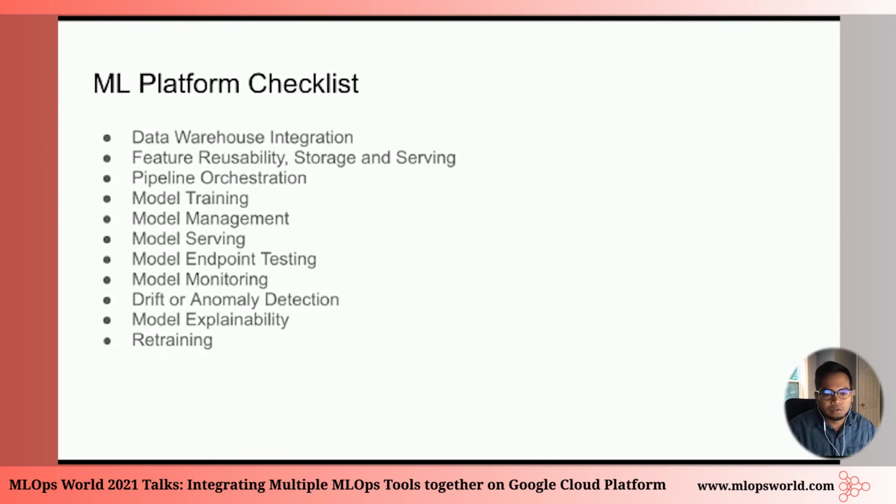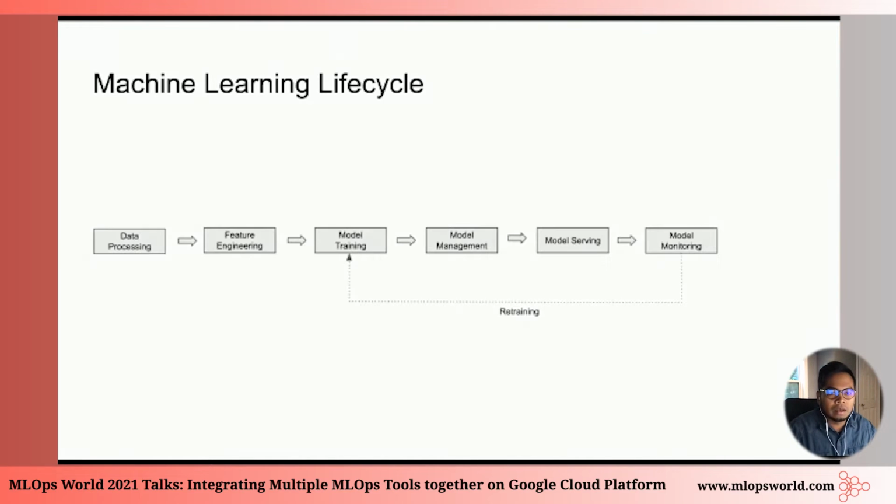We also need to look at the drift or anomalies that are happening with our data and model performance. Model explainability is also something we are looking at, and how we can understand why the model is predicting something and why it's not. And finally, if our model is not working well, and with the monitoring we observe this, we want to retrain this model and figure out how we can do it.